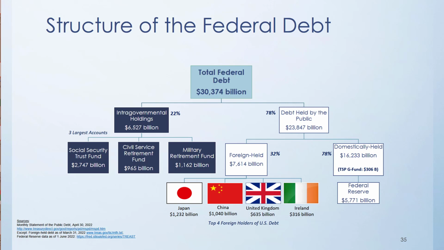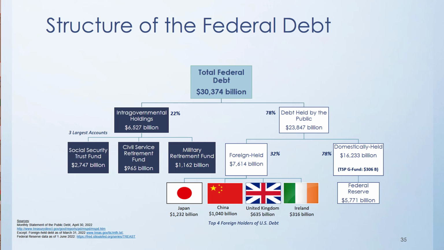So on the right side of the chart, the debt held by the public, almost a third of that is foreign held, $7.6 trillion. Japan holds the most, $1.2 trillion. China, $1 trillion, then the UK and Ireland. A lot of this debt is not held by the central governments. It's important to understand that.